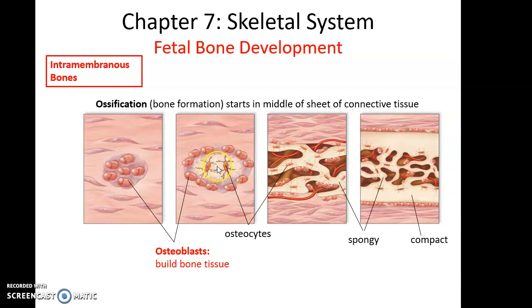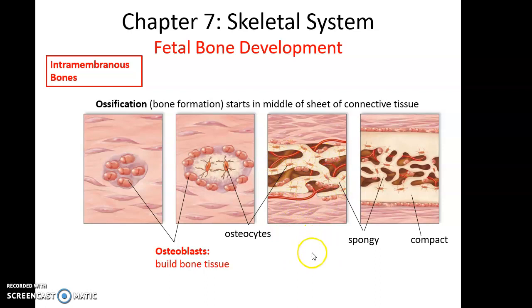And then these isolated regions of growing bone tissue would meet up. And when they meet up, they would end up forming basically what looks like spongy bone tissue, with, again, the osteocytes inside the lacuna, the osteoblasts on the outside. Blood vessels would begin to incorporate with this bone tissue.